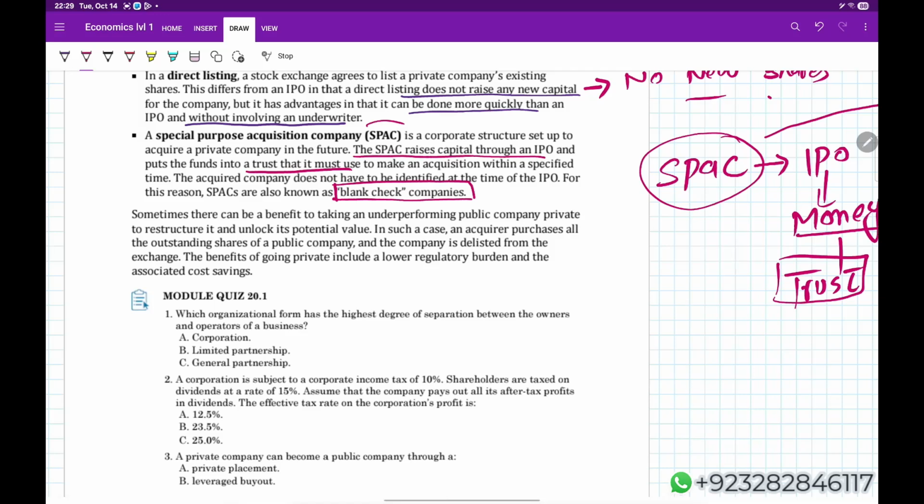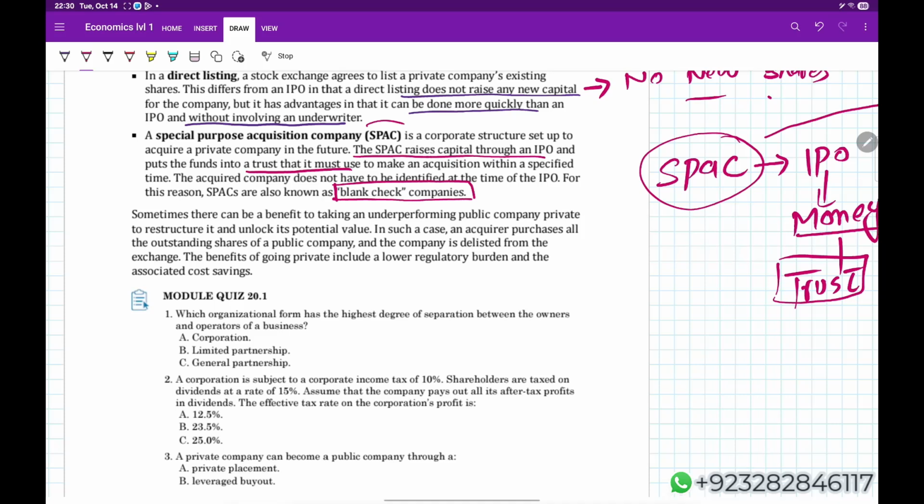Then there is another way through which a public company can become a private company. Why would a public company want to become private? Probably if the public company continues in business as a public company, the loss from continuing is higher.